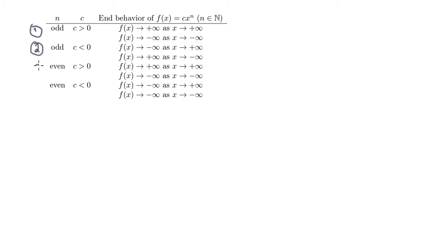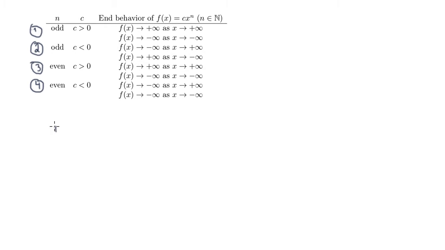And the cases are based on whether or not n is an odd or an even number, and whether the number that we're multiplying the power function by, which we're assuming is not 0, is either positive or negative. And we're looking at what's called the end behavior. And the easiest way to understand the end behavior is to actually look at a graph.